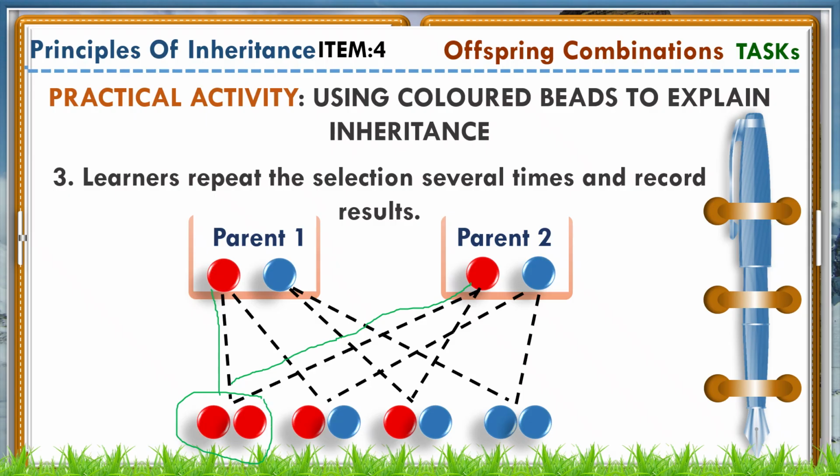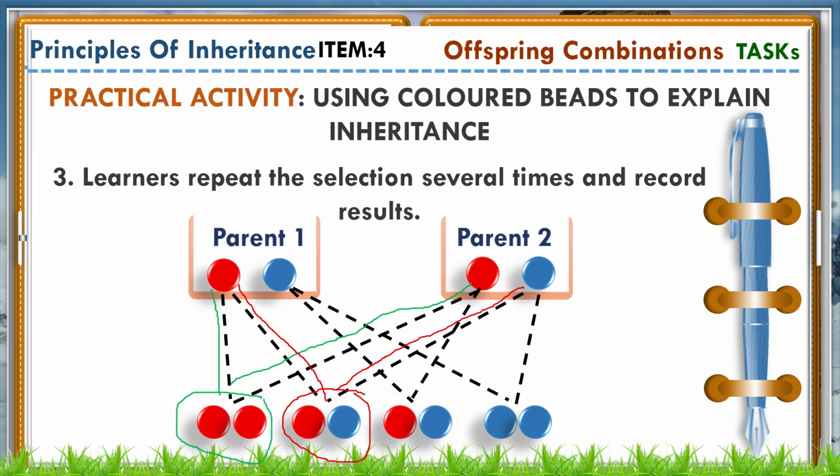At the same time, this parent can still give us this gamete, and this one can give us this gamete, and it goes with this one. And there is a possibility of forming that offspring.